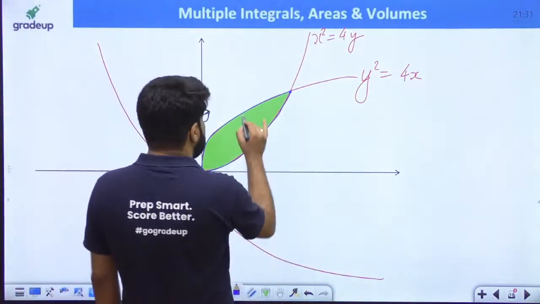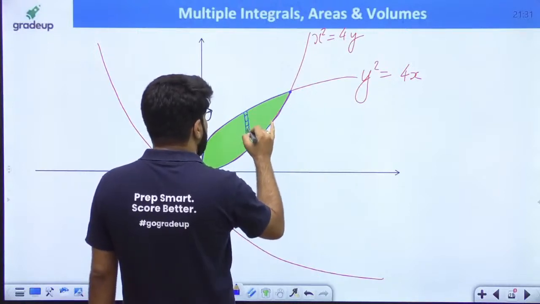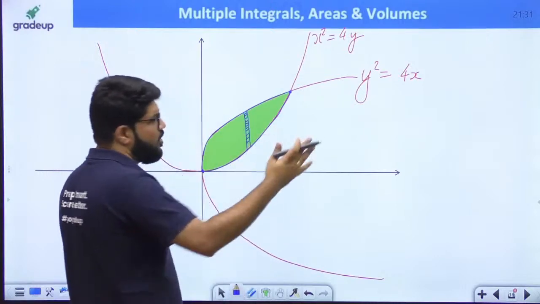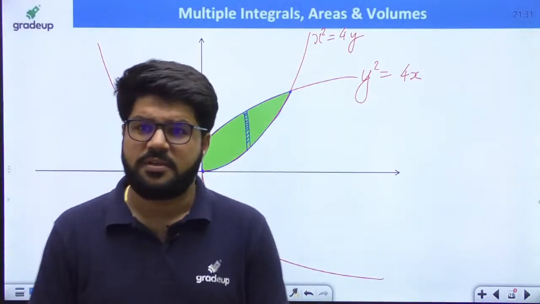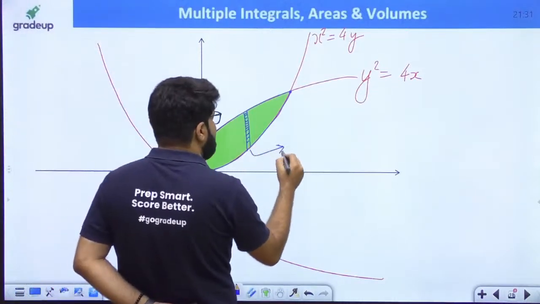Again the same thing, we will take a vertical strip and slide it horizontally. I have given you the option, you can as well take a horizontal strip. That's your choice. Now whenever you are taking a vertical strip, you will define the limit of y.